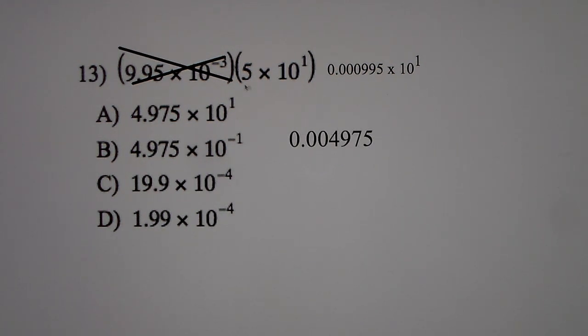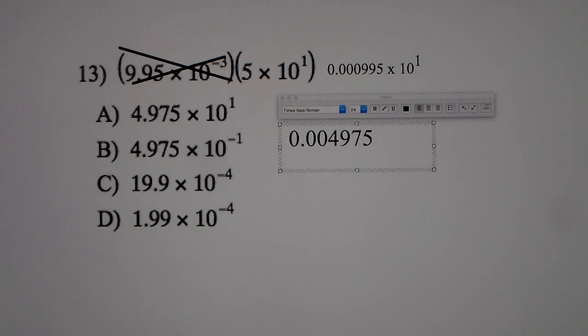How I got that number was 5 times 0.000995. Now 10 to the first times 10 to the first, we bring those down. Well, 1 plus 1 you guys know is 2. So I could just put to the power of 2.